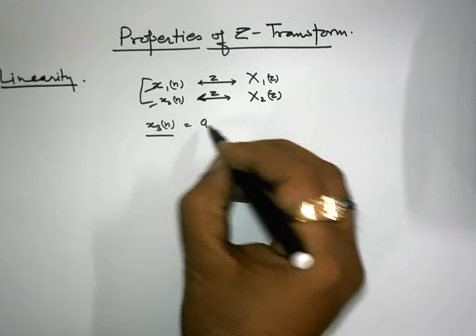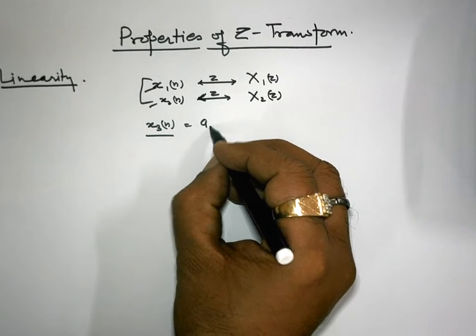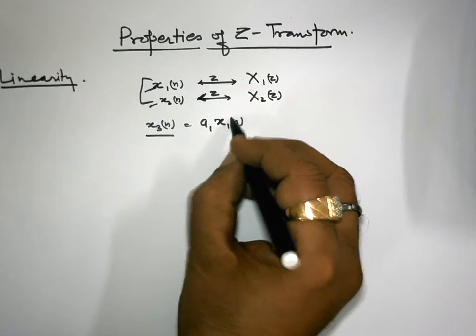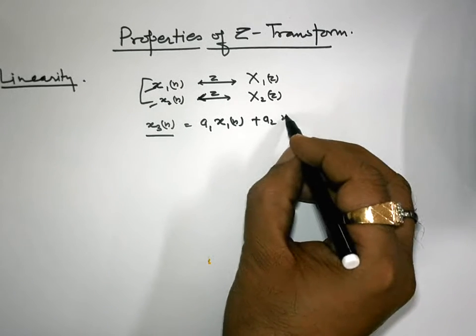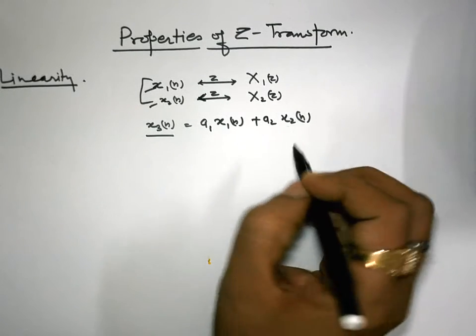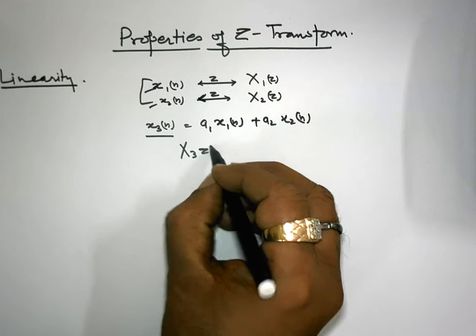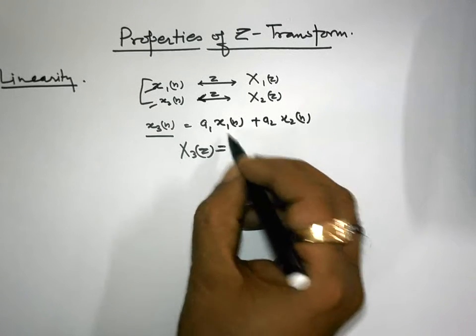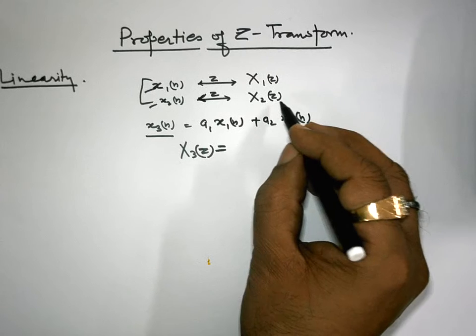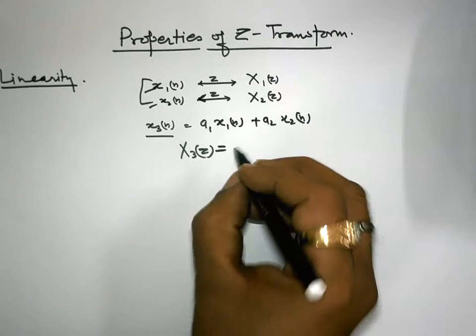So suppose this x3(n) is made up of a1 x1(n) plus a2 x2(n). Then the Z transform of x3(n), say X3(z), can naturally be derived from the Z transforms of these individual signals.